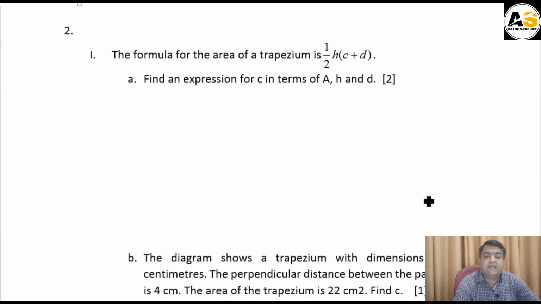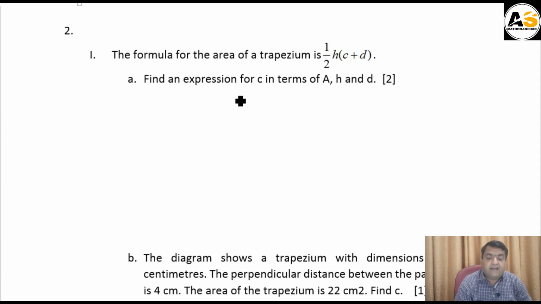Now we move to our second question. The formula for area of a trapezium is this. We have to find an expression for C in terms of A, H and D, where C and D are lengths of two parallel sides. H is the perpendicular distance between these two parallel sides of the trapezium.